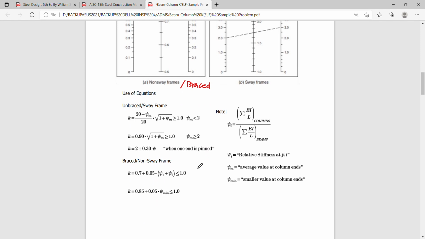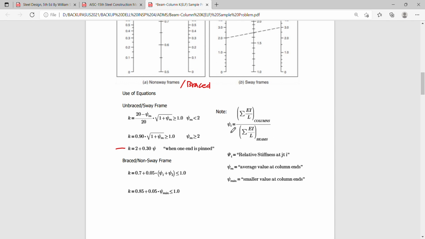Take note that for a pinned joint, a special formula applies: K equals 2 plus 0.30 psi. When taking the average value of psi for the pin joint, the summation of the stiffnesses of the beams will yield a zero value.